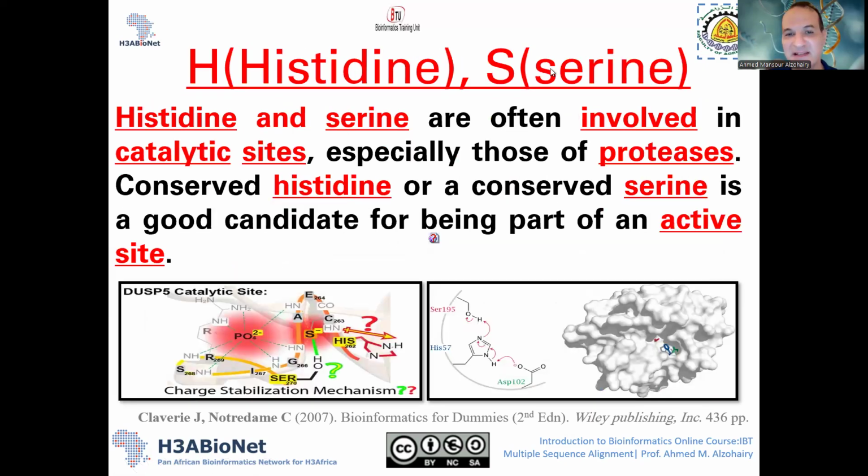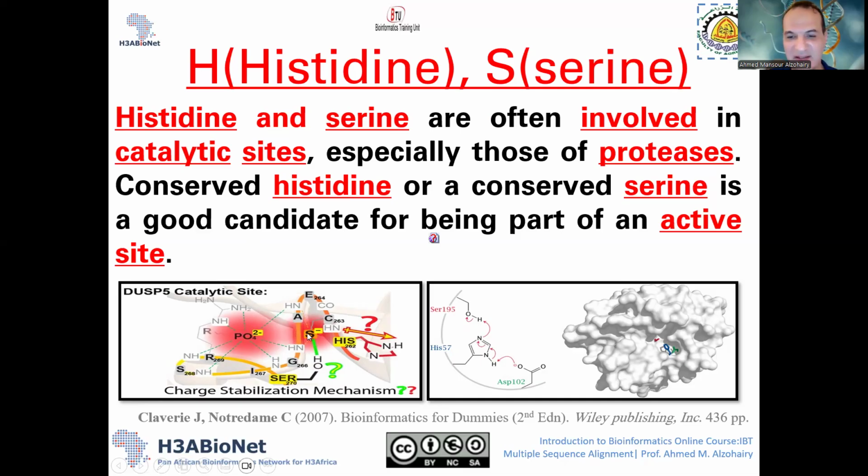What about histidine and serine? Histidine and serine are often involved in catalytic sites. So for people who are studying the catalytic sites of proteins, like here or here, you are especially looking for columns that have a conserved histidine or serine, for example in proteases. A conserved histidine or a conserved serine is a good candidate for being part of the active site.